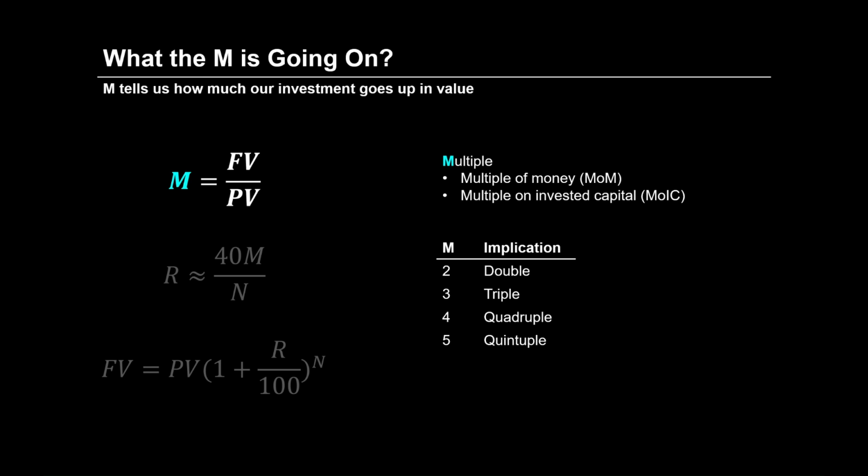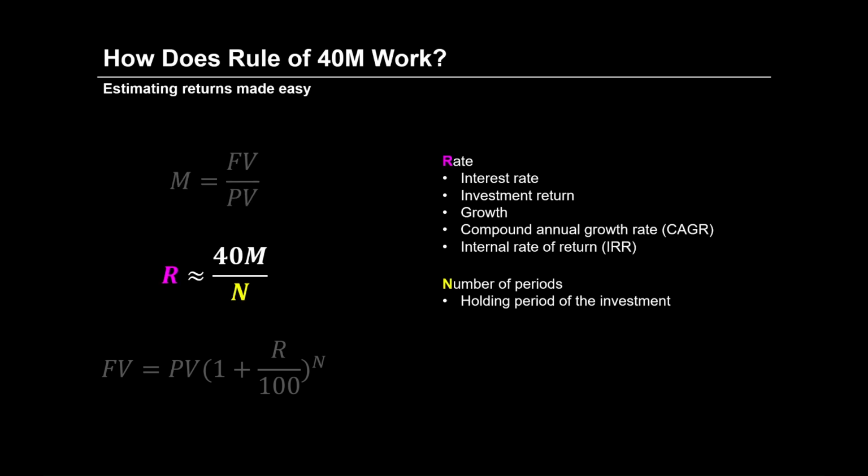When M is equal to 2, your investment has doubled in value, and when M is equal to 3, the investment tripled in value, etc. R represents rate. It can be the interest rate, investment return, growth, compound annual growth rate, CAGR, or internal rate of return, IRR. N is just the number of periods. It represents the holding period of the investment in this case.